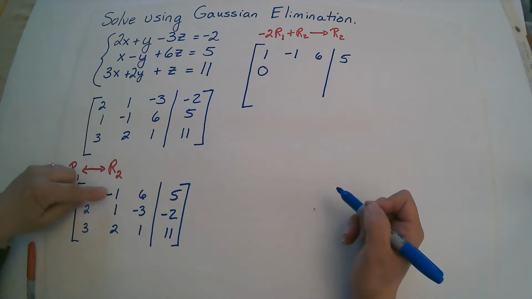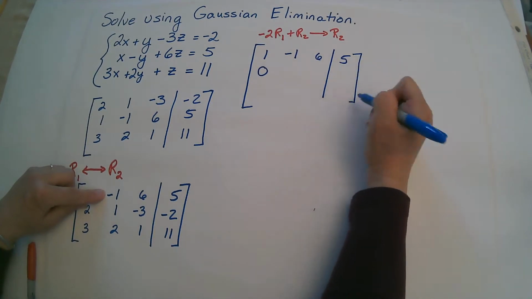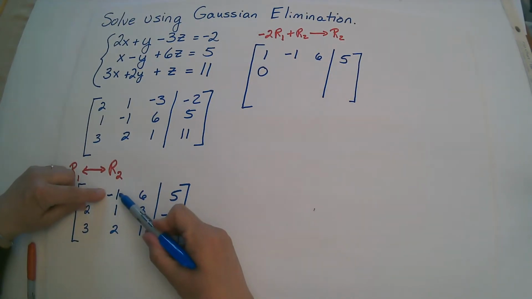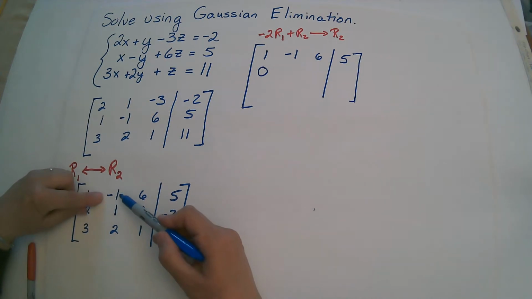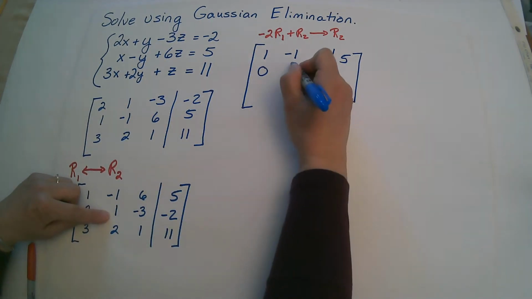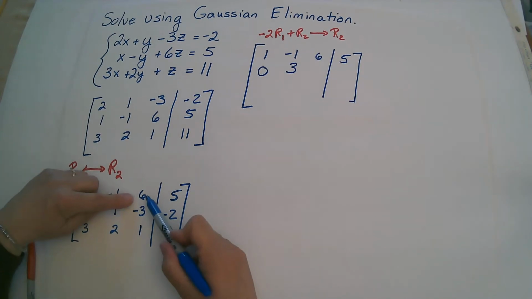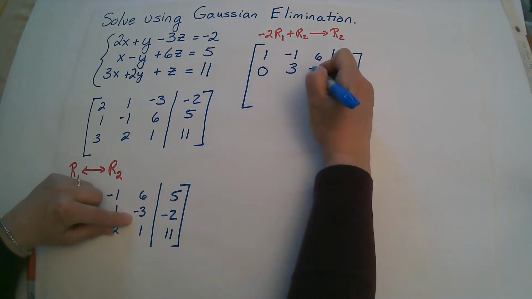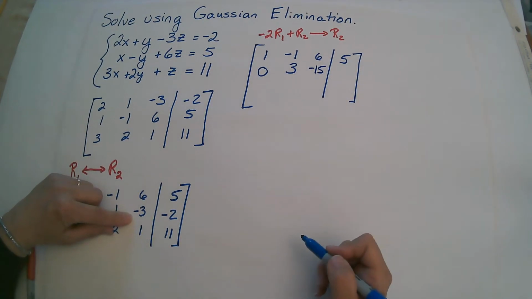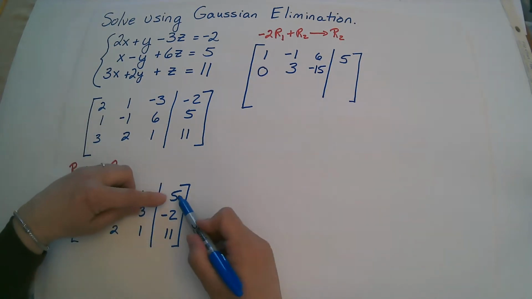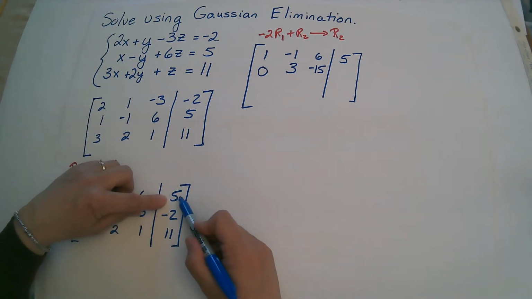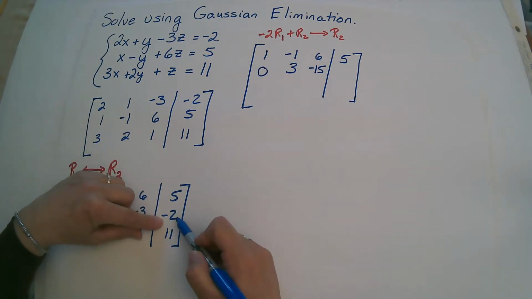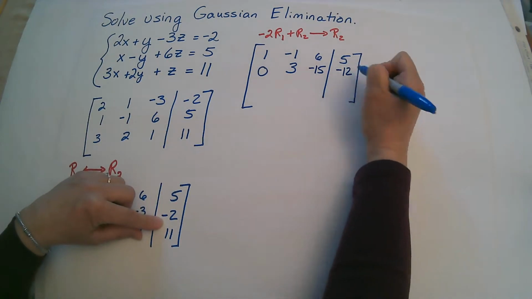And I'm back over here. I'm multiplying by -2 and adding. So -2 times -1 is 2, plus 1 is 3. -2 times 6 is -12, plus -3 is -15. -2 times 5 is -10, plus -2 is -12.